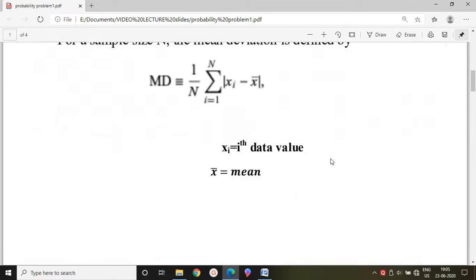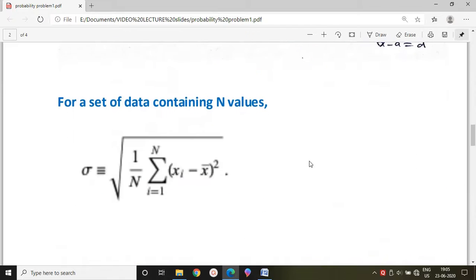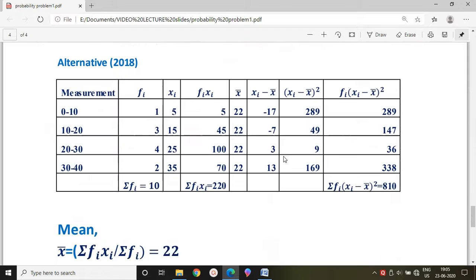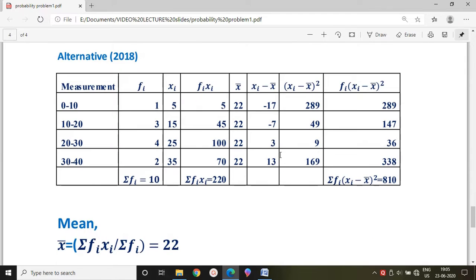Okay, let me see if there is an example available here. Yes, we have an example. Here you have frequency fi 1 for the value xi 5. For 15 the frequency is 3. For 25 the frequency is 4.